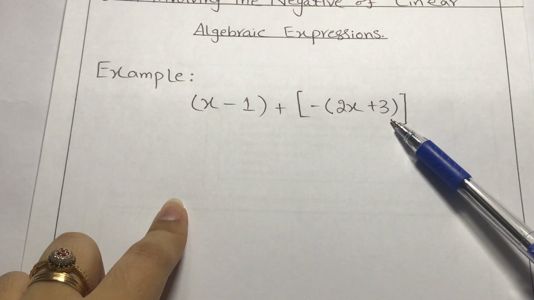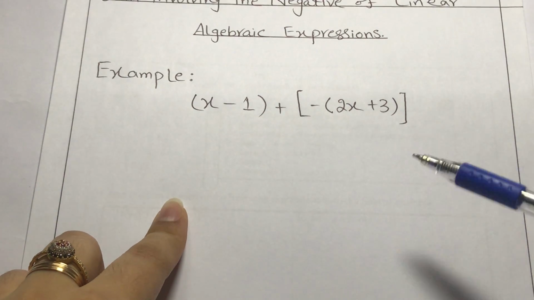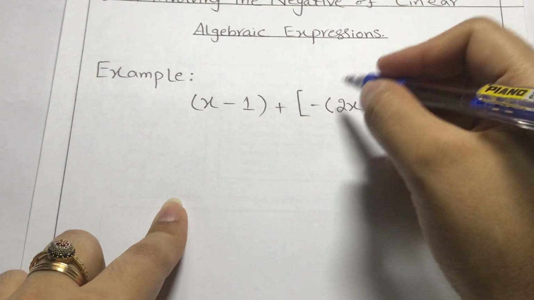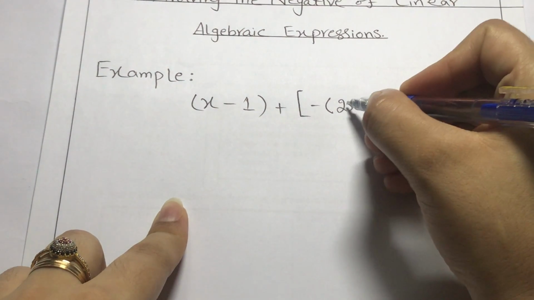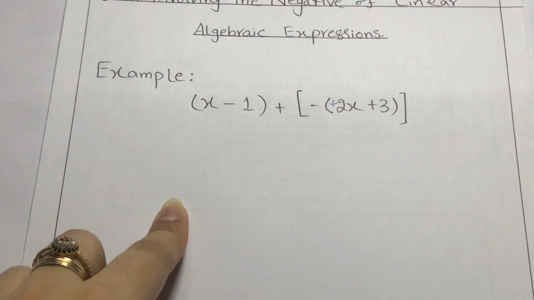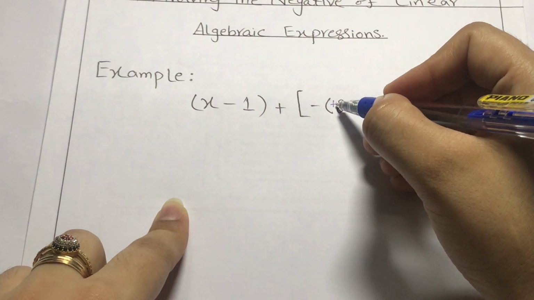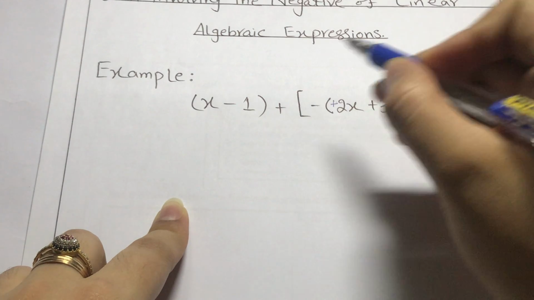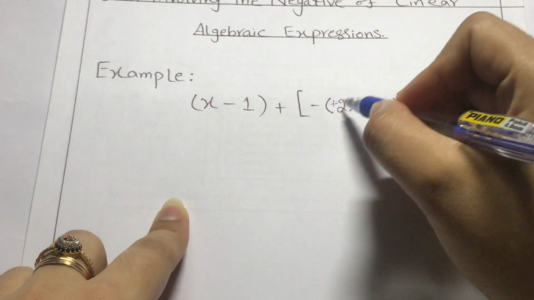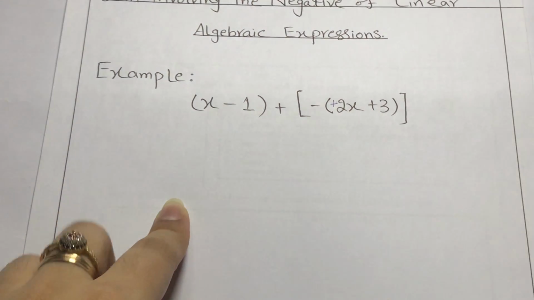So first we will expand this bracket, and as we discussed in the previous lesson, there is no sign outside with this term 2x, that means it's positive. And when you calculate the negative of a linear algebraic expression, you will change the signs inside the bracket.